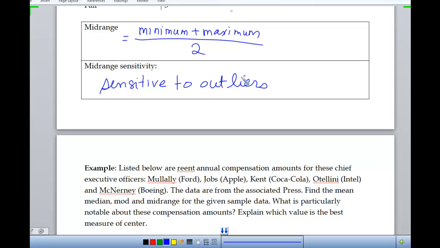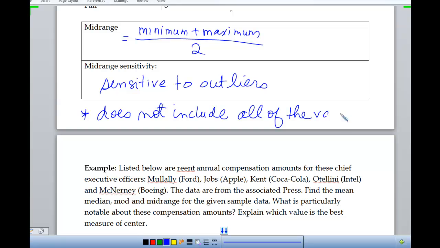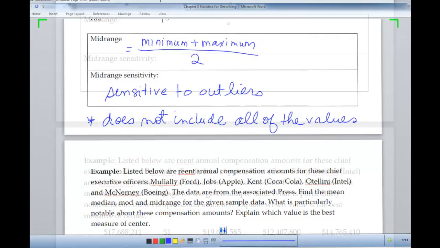And I did not leave a space for this, but you're right. It does not include all of the values. So if we have a data set that has extreme values, would it be appropriate to use the mid-range? For extreme values, we'd say no, because it's going to be affected by those extreme values. Okay.